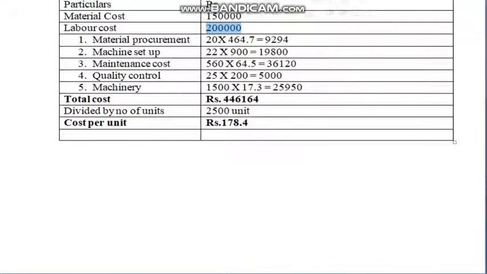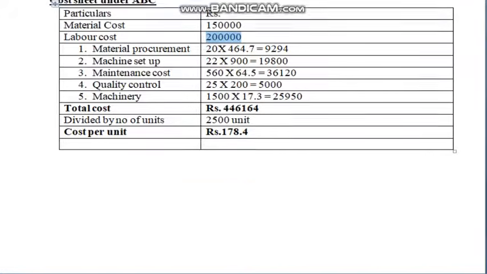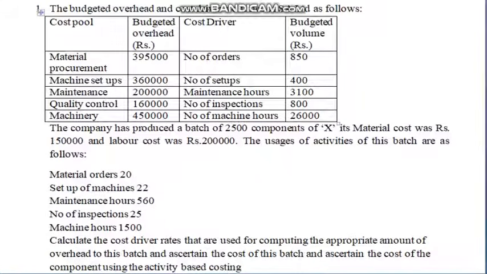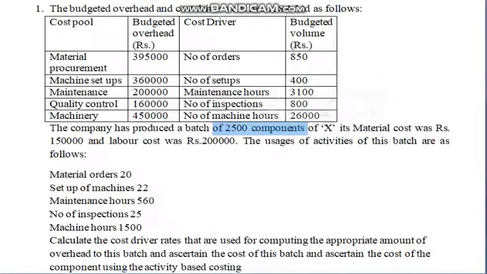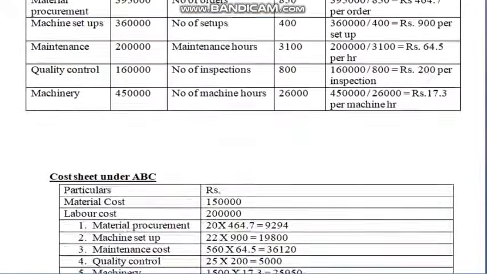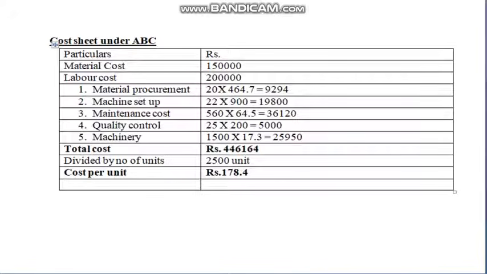Next, move on to activities. In this problem, there are a total of 5 activities. The first activity is material procurement. Material procurement is based on the total number of orders, and in this problem the total number of material orders is 20 to produce these 2500 components.